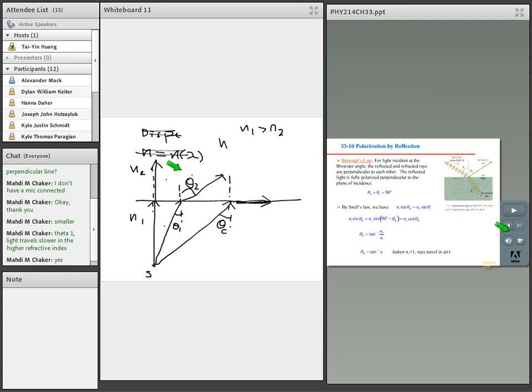So what is the value of that critical angle? How do we figure that out? By using Snell's law, let's look at what the critical angle is.